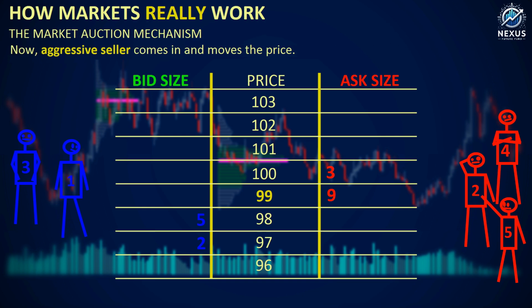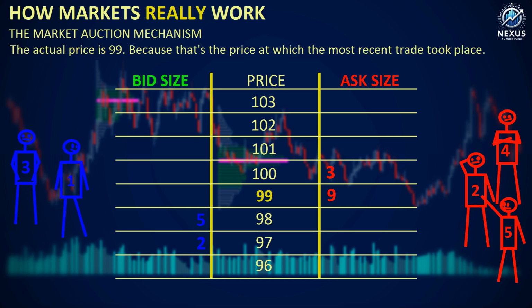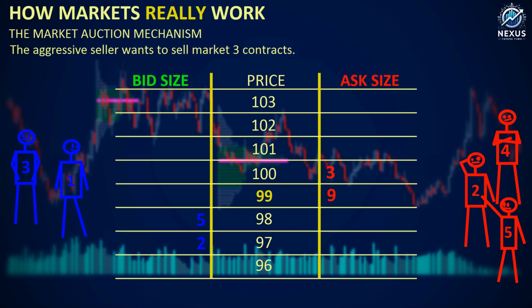Now, an aggressive seller comes in, making the price move. The actual price is 99 because that's the price at which the most recent trade took place. The aggressive seller wants to sell 3 contracts using a sell market order. You should remember that a sell market order is paired with the first available bid from a passive buyer. In other words, it is paired with the first available buy limit order on the bid side.